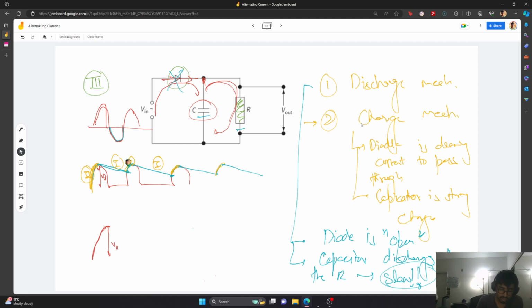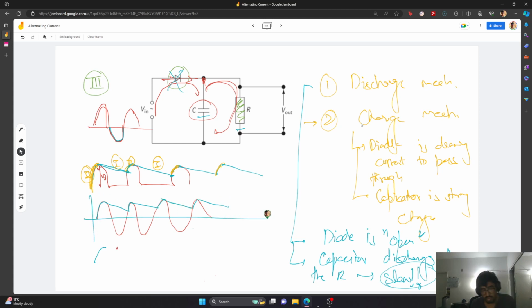So ultimately, your input waveform is an AC signal, but the output waveform is what we call a partially rectified signal. It climbs up, comes down, climbs up, comes down, climbs up. In a way, this is what we are looking for.